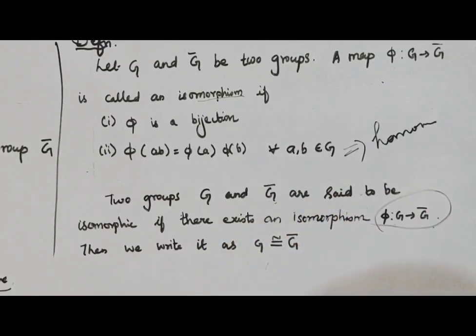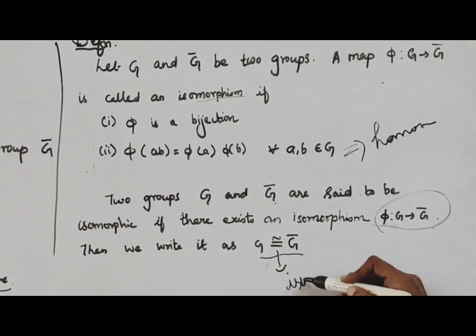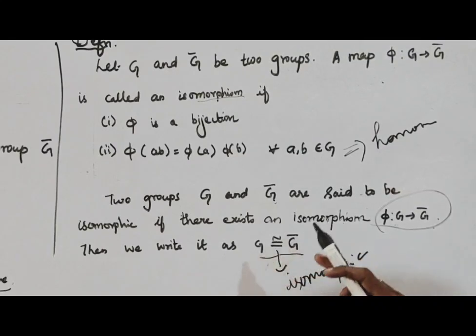We simply write isomorphic groups as G is isomorphic to G bar. This is the symbol which we use to represent isomorphic, and we read it as G is isomorphic to G bar.